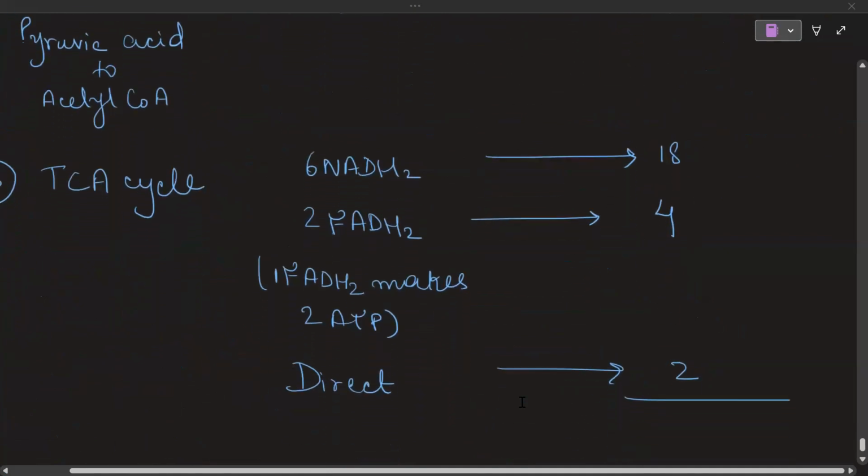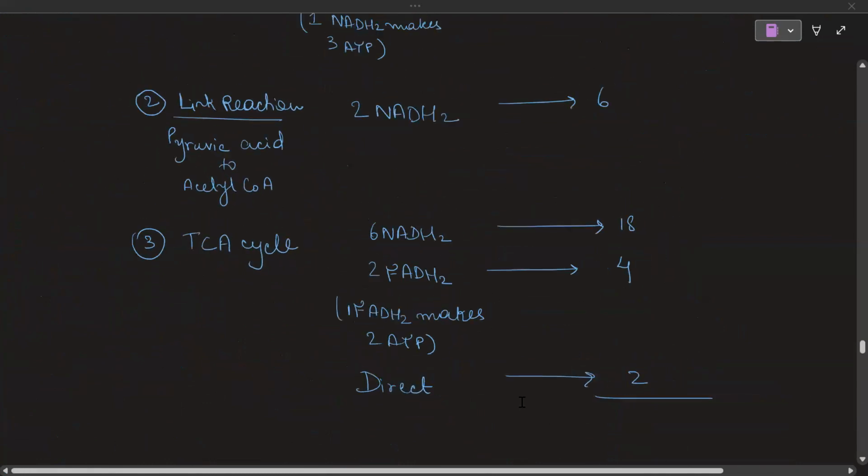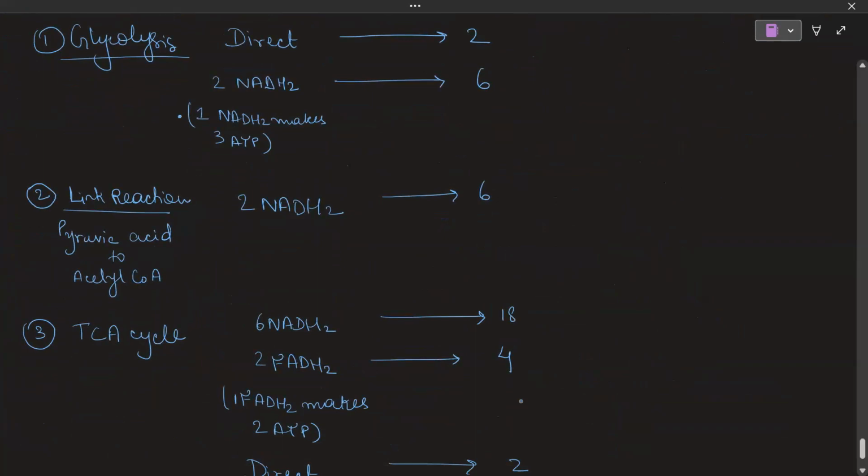I just wrote how many NADH2 it makes over here, but here I didn't, so it is pre-assumed. Link reaction, oh okay, I have to cut this and write 6 over here. And the third one, TCA cycle.